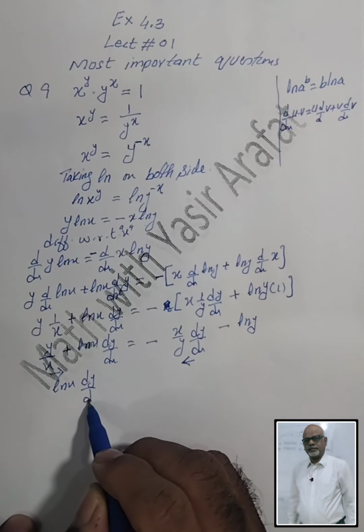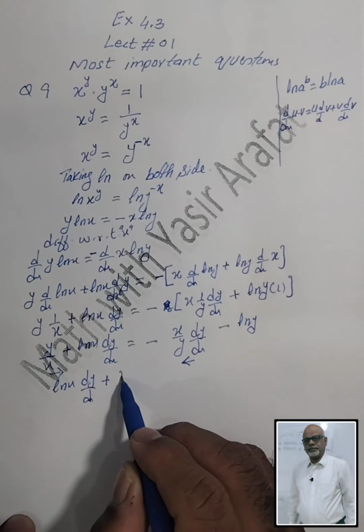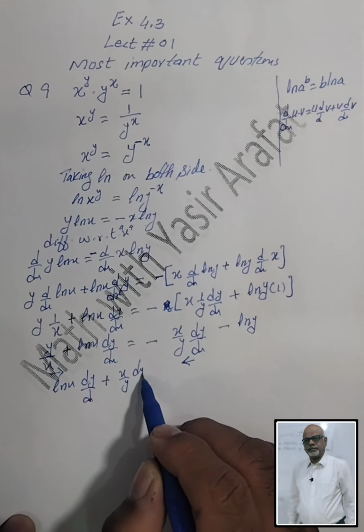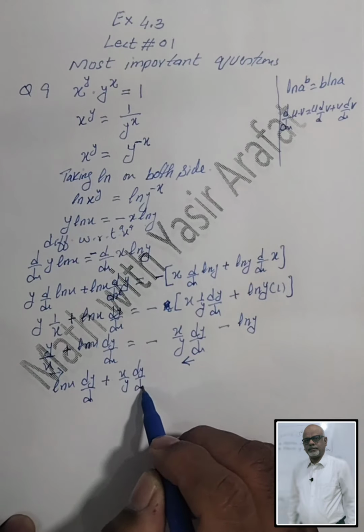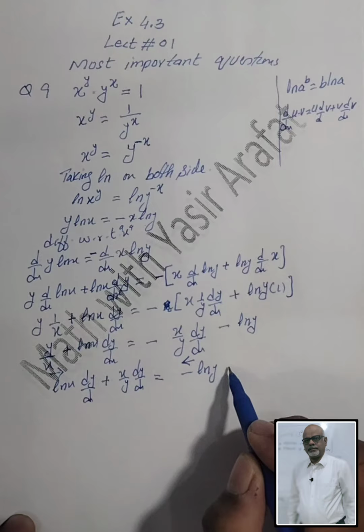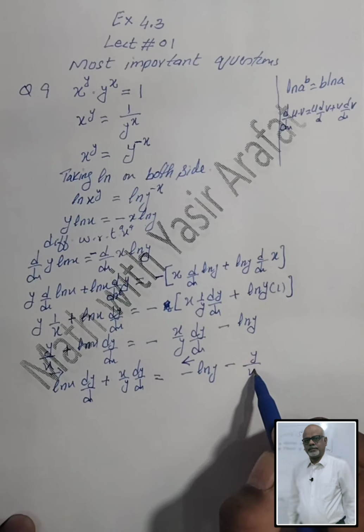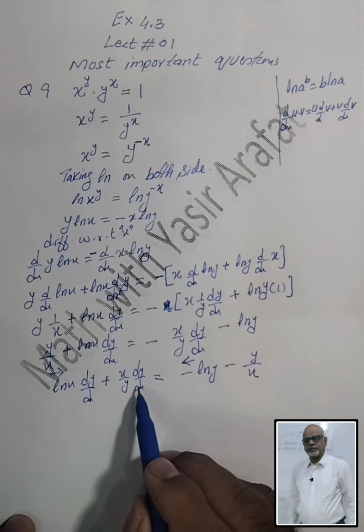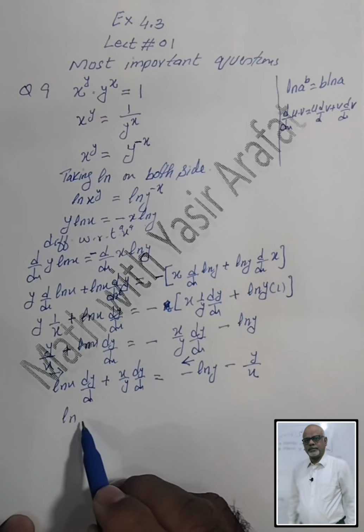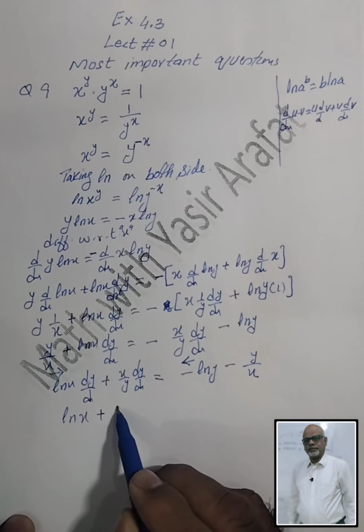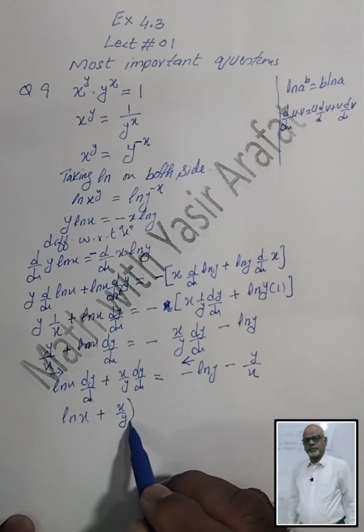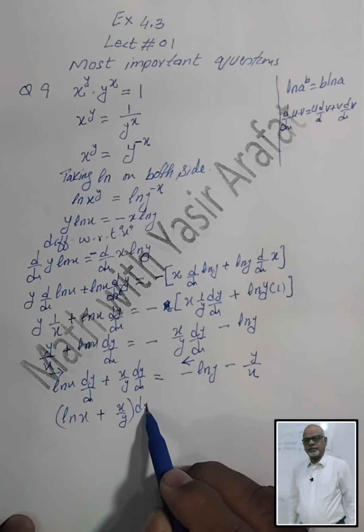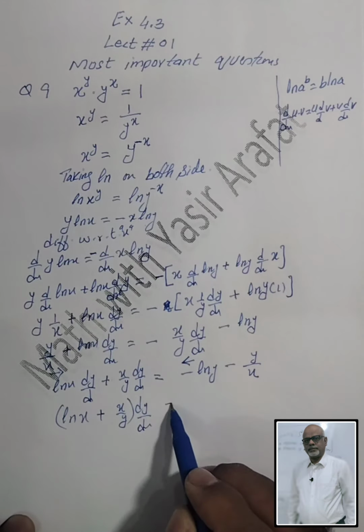So this is dy upon dx plus x upon y dy over dx, and here this is minus ln y, this is minus y over x. Just take out dy upon dx common here. So this is ln x plus x over y, dy upon dx.